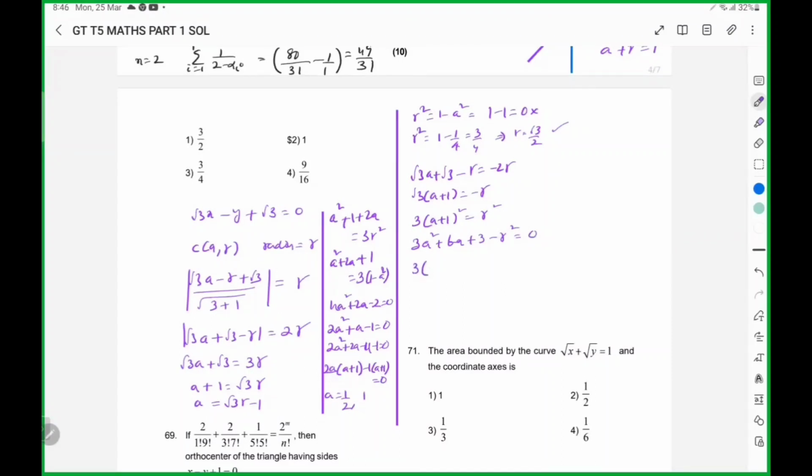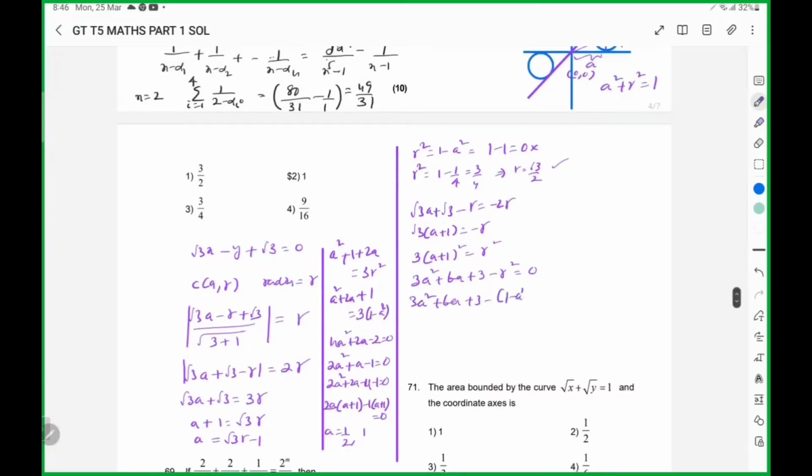So here a square is 1 minus r square. 6a plus 3 minus r square. Here it is 1 minus a square. This is 4a square plus 6a plus 2 is 0. Here a value is minus 1 or minus half.